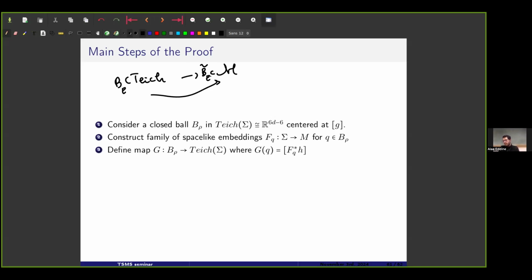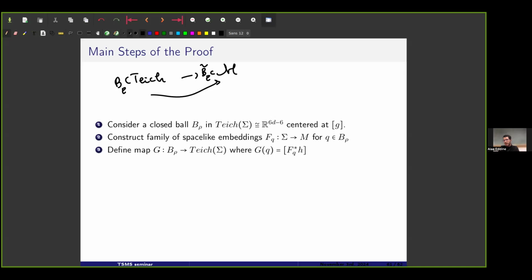Okay. Now we have a set of metrics, and the corrugation process we can do with a parameter. Everything works the same if we add a parameter. So what we are going to do is that for each metric in B rho tilde, we are going to find a space-like embedding which is epsilon close to this metric. And when we take the projection into the Teichmüller space, we have an induced metric by FQ for each Q in the ball.